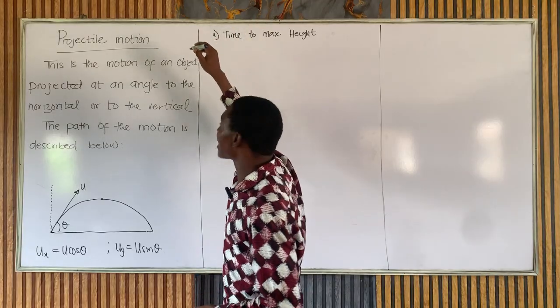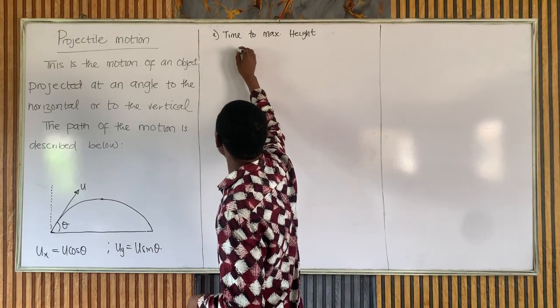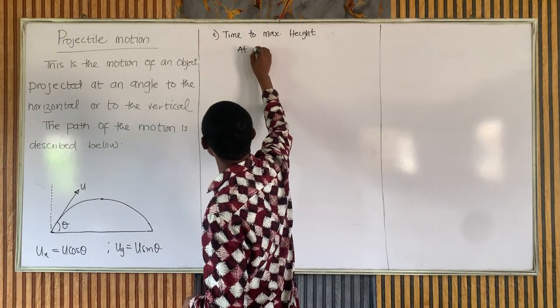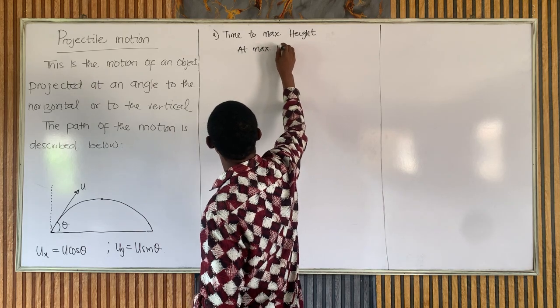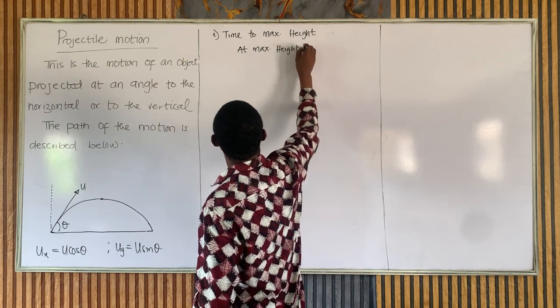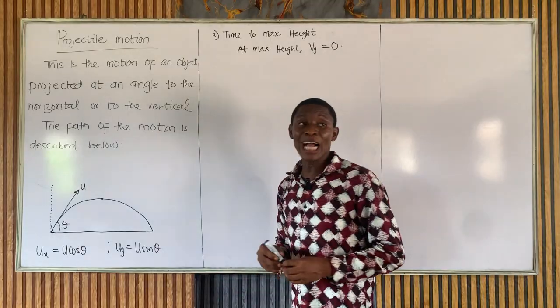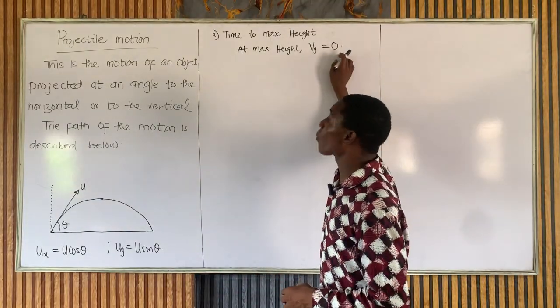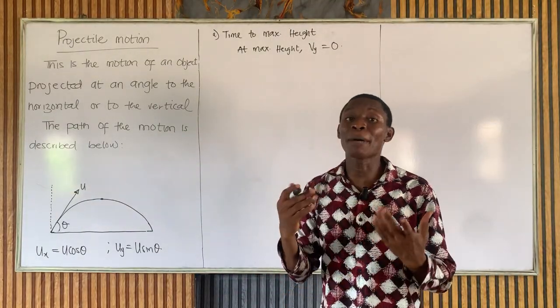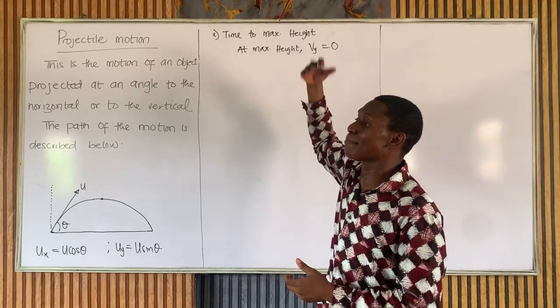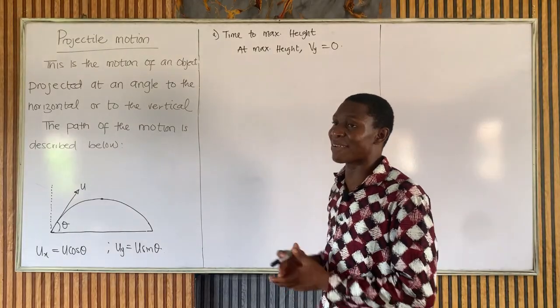We all know that at maximum height, the final velocity is 0. I'm calling this Vy because I'm talking about height, the velocity at the maximum height. Anything to do with height, I take as vertical motion.